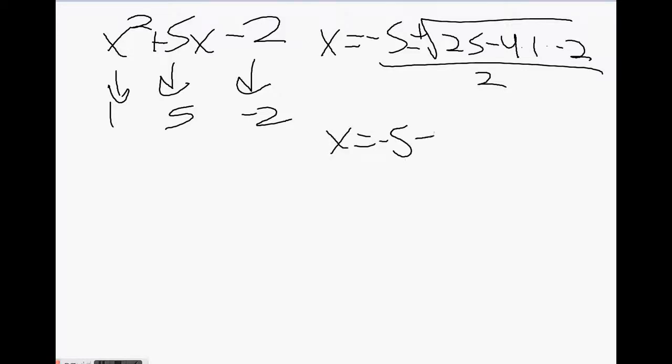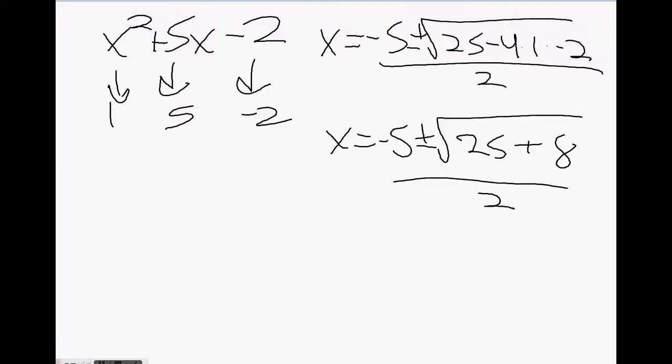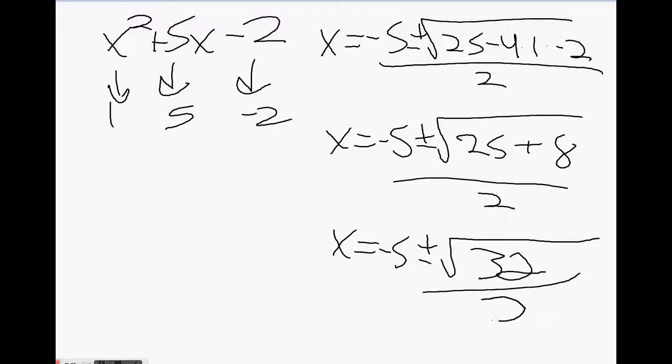So x equals negative 5 plus minus the square root of 25 minus 4 times 1 times negative 2, which is plus 8, over 2. 25 plus 8 is what, 34, 32, I think, right? 33? I don't know, 32 or 33. Make sure I did the math right.